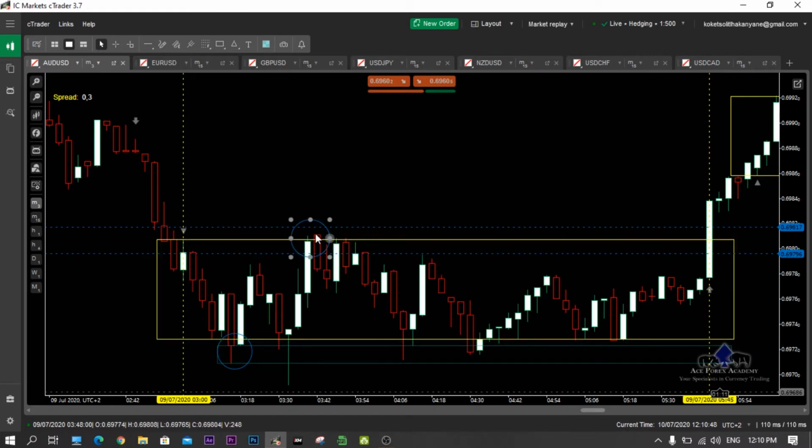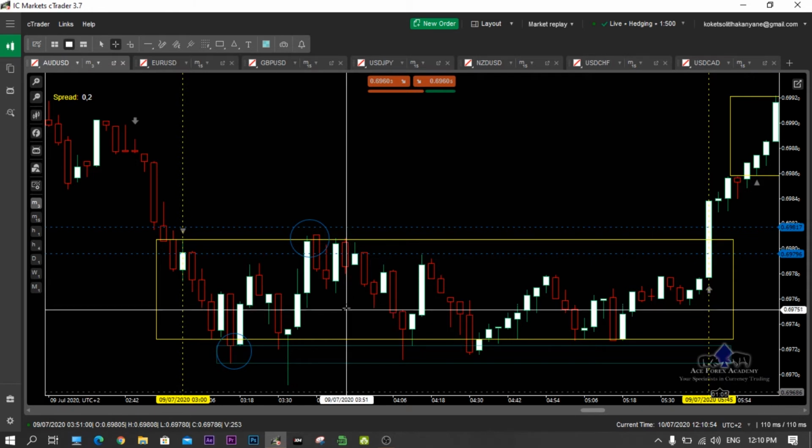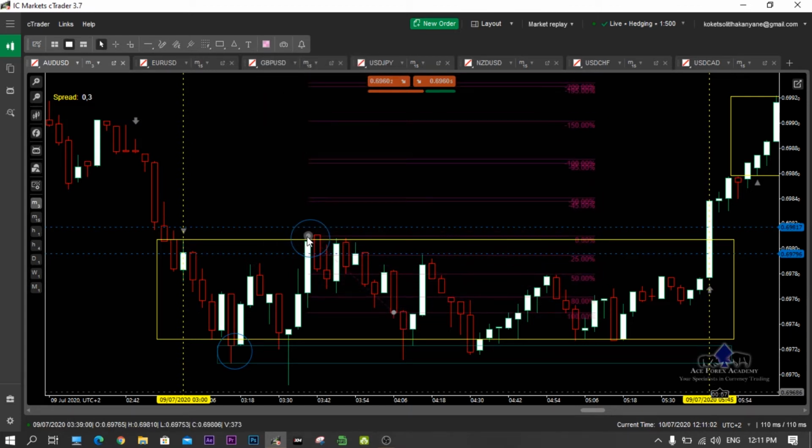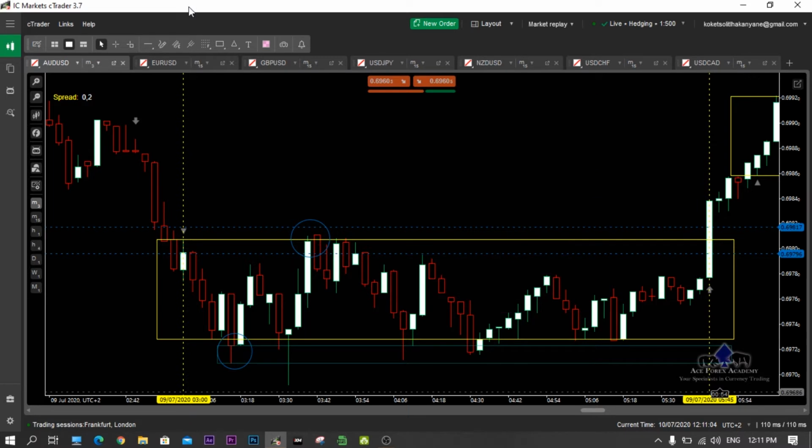With price bouncing off our resistance over here, what you could have done is wait for confirmation, which was the close of this bearish candle, and using our modified fib tool, we can then plot our take profit regions.